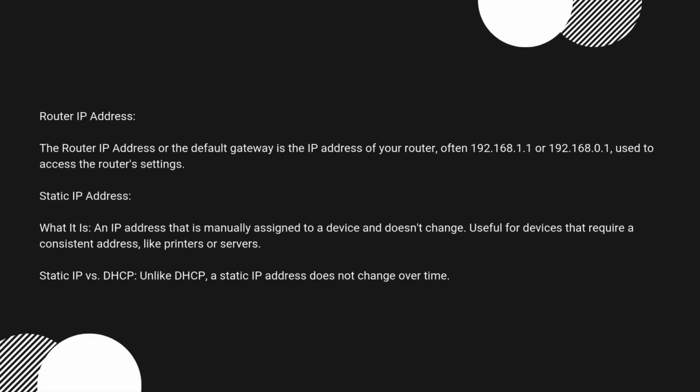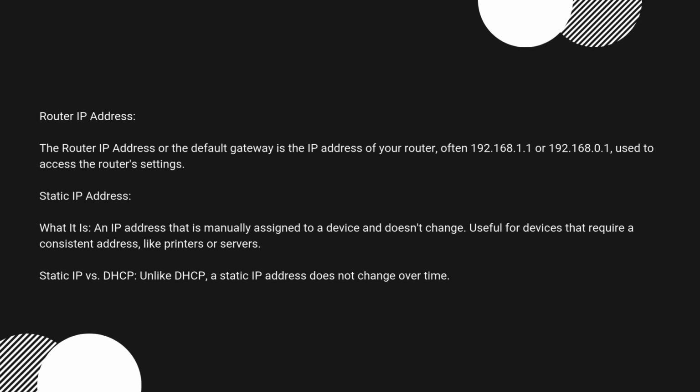The router IP address, or the default gateway, is the IP address of your router, often 192.168.1.1 or 192.168.0.1, used to access the router settings.